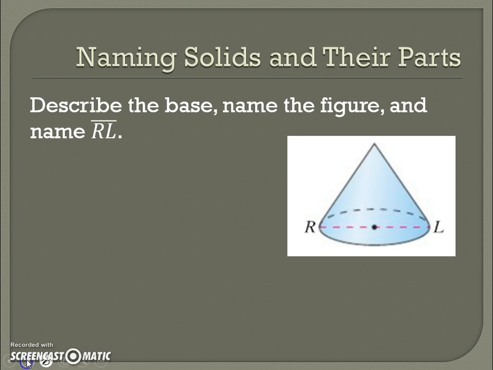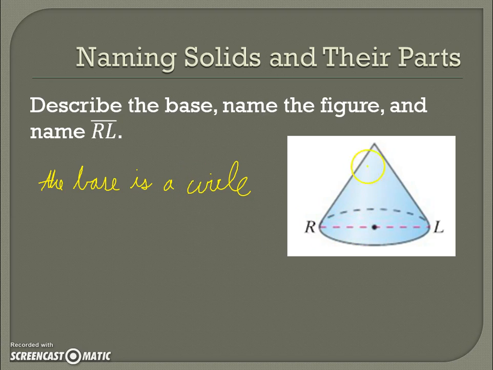That's sad. All right, so naming solids and their parts. It says describe the base, name the figure, and name RL. All right, so the base here, let's start with the base, is a circle. So we'd say the base is a circle. And then it tells us to name the figure.